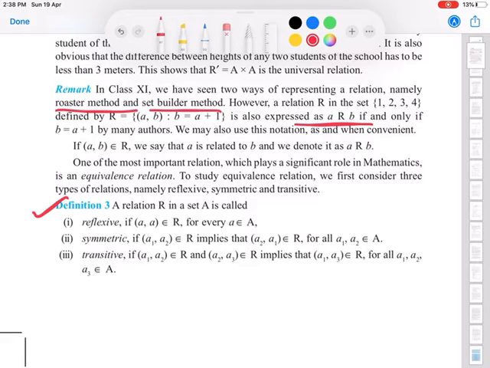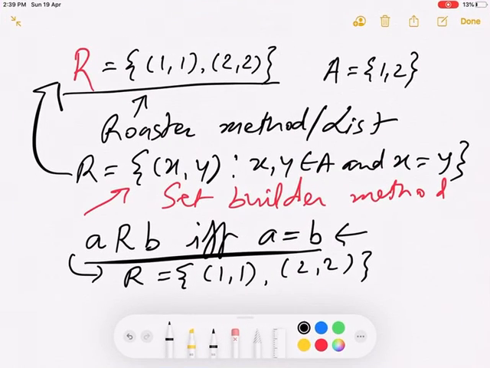Now they are saying that a relation R in a set A is called reflexive if (a, a) belongs to R for every a belonging to A. Now what does this mean? Let us go back here to the relation which I had written. Now I had written here (1, 1) and (2, 2).